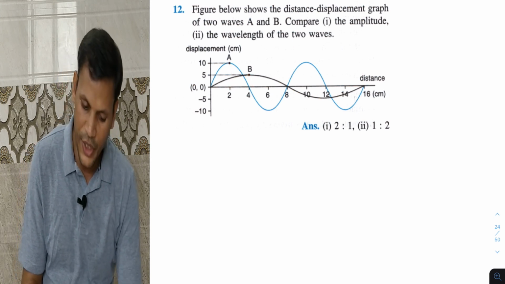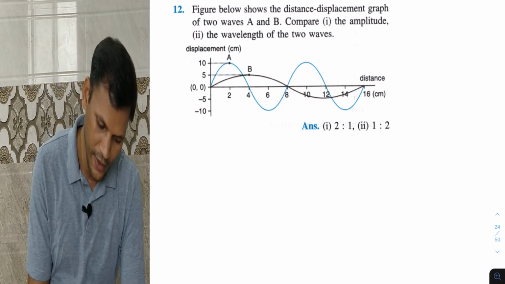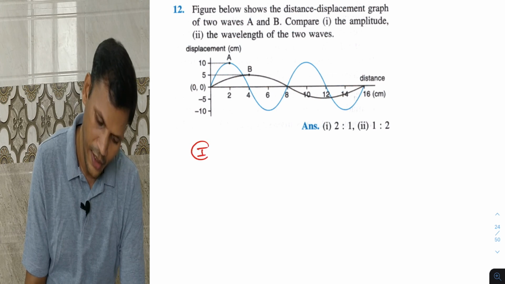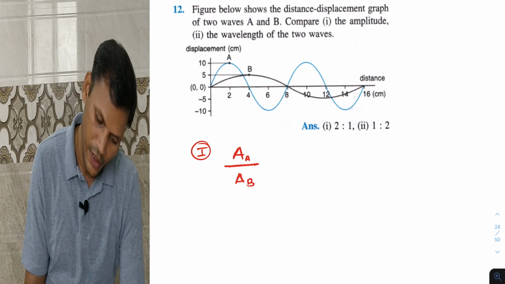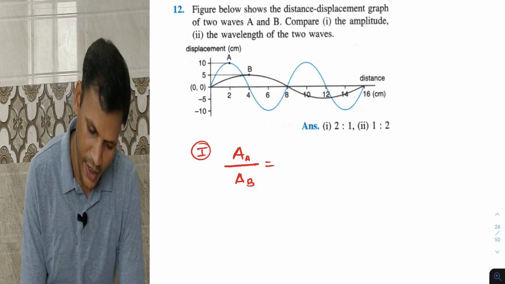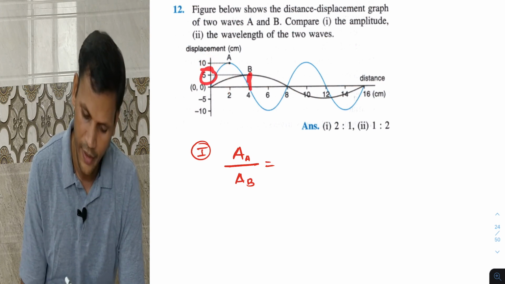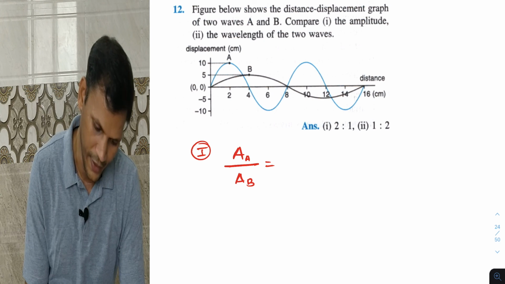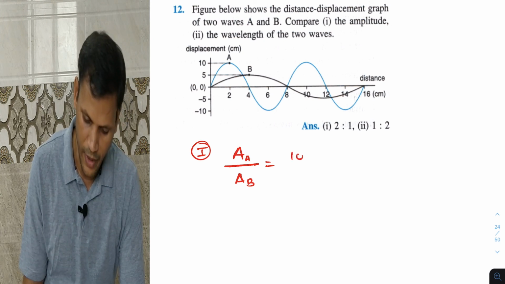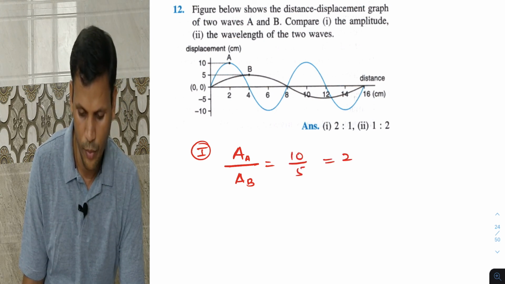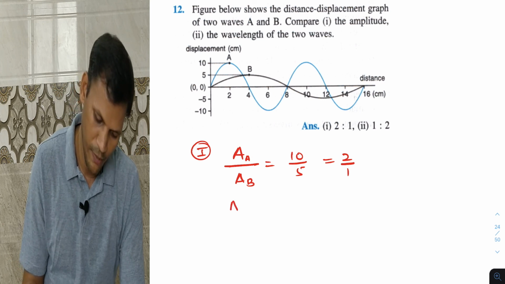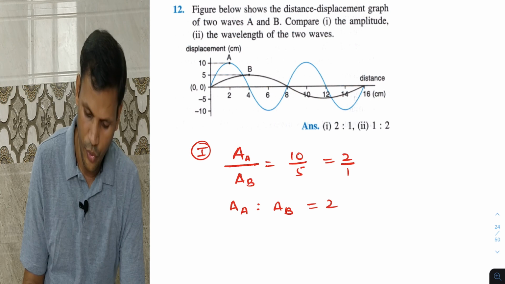So amplitude of A upon amplitude of B will be what? As we can see, amplitude of A is 10 and amplitude of B is 5. So 10 by 5, that is 2 by 1. So amplitude of A is to amplitude of B will be 2:1.